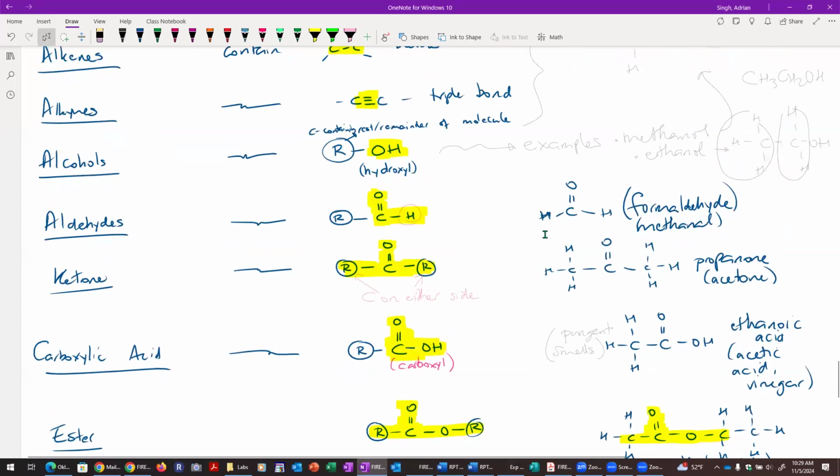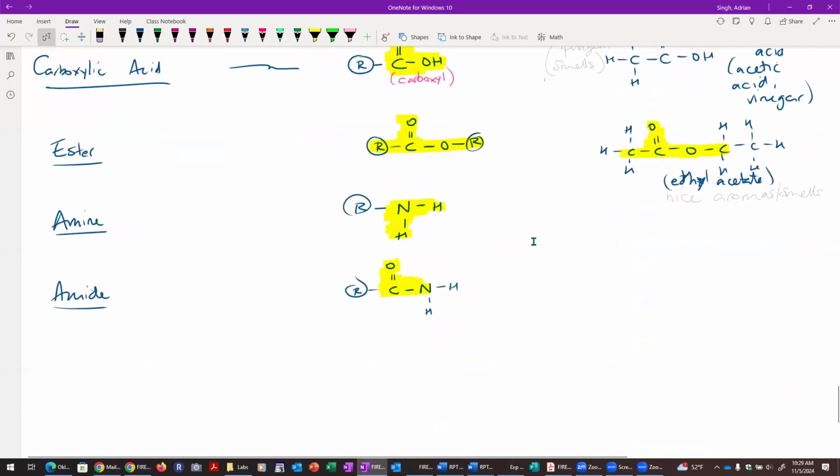Ketones, aldehydes, and alcohols tend to have just a chemical smell, for lack of a better word. Amines actually tend to smell like ammonia, a sort of fishy smell. And then your amides are essentially amines reacting with other functional groups, and you find these in things like proteins. The amide functional group is the link that connects different parts of proteins together.